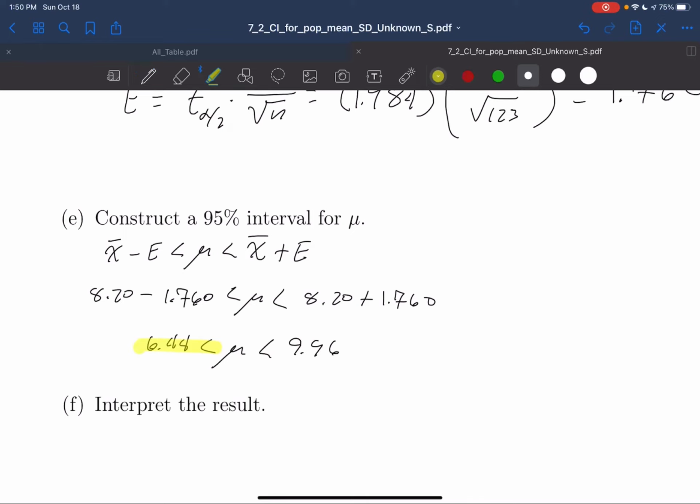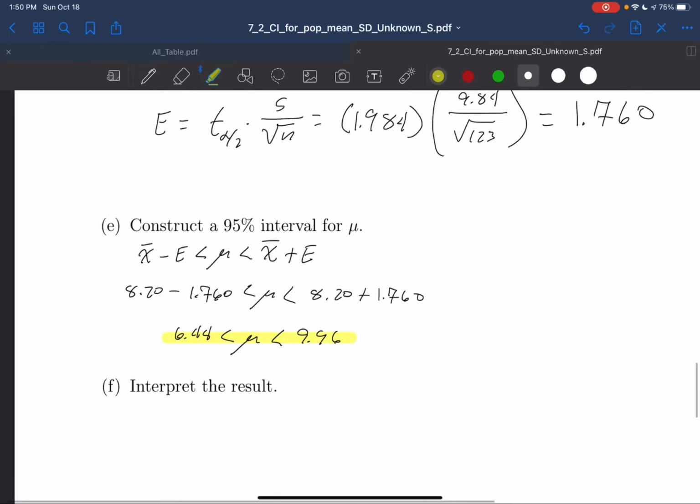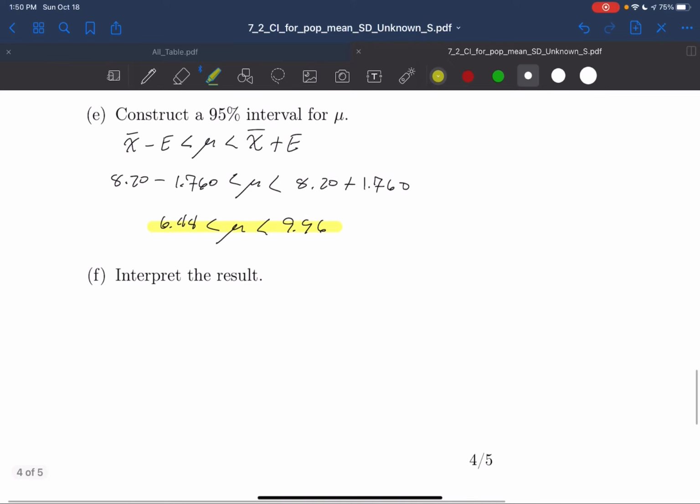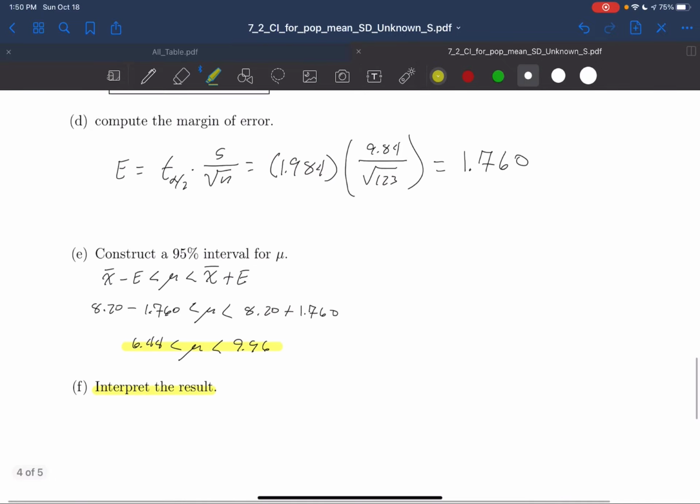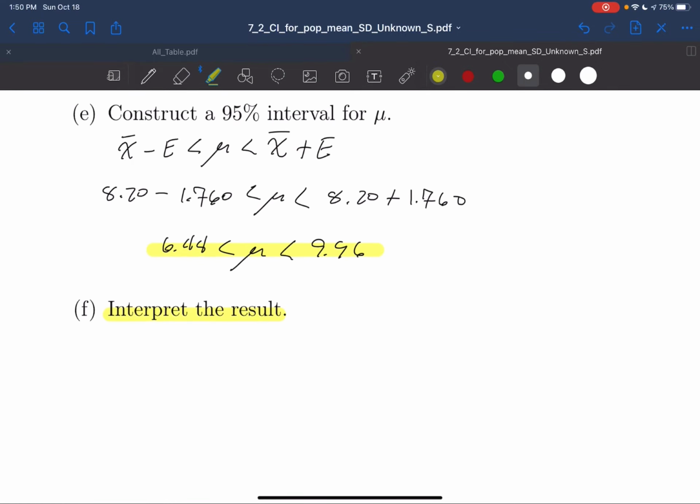Now we just constructed our 95% confidence interval. But what's important is actually interpreting our result, because if we did all this computation and we're not able to interpret it, then there's not really much use for it.